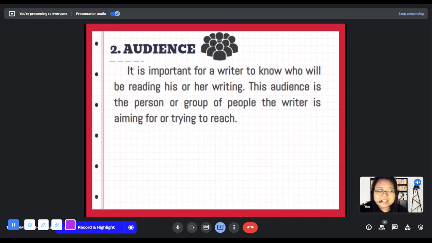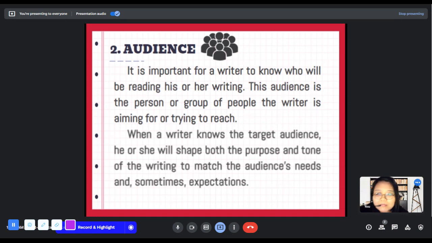Again, when we write, it's not just for one person. Sometimes, yes, if it's a personal letter or something. But of course, when you are writing a certain paper, it will reach a lot of people and you have a target organization or group. When you're writing about a specific thing about STEM students, then your target is STEM students.